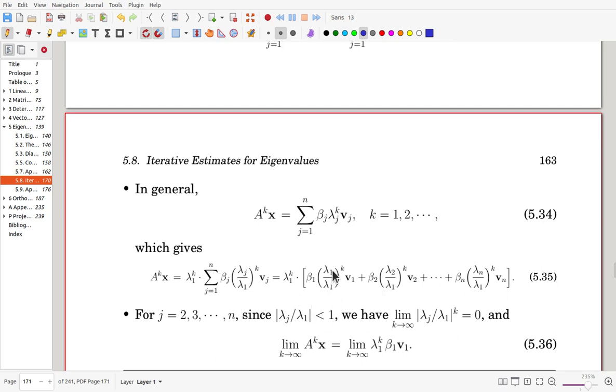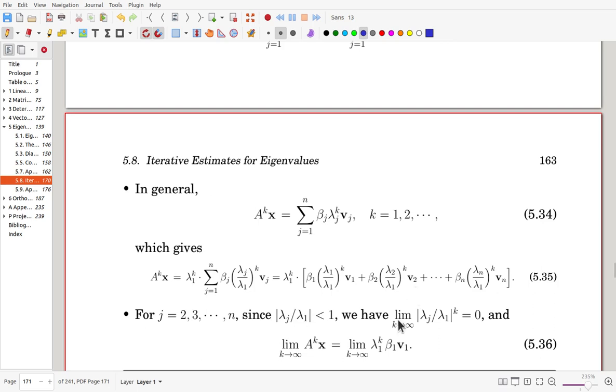Now we put here lambda 1 over lambda 1, which is 1. So that is basically beta 1 V1. And now we have these other terms. However, we assumed in the beginning lambda 1 is strictly larger than the other eigenvalues, so this value will approach 0 as k increases.